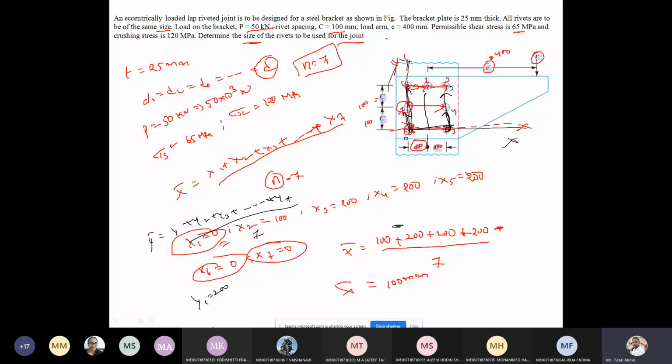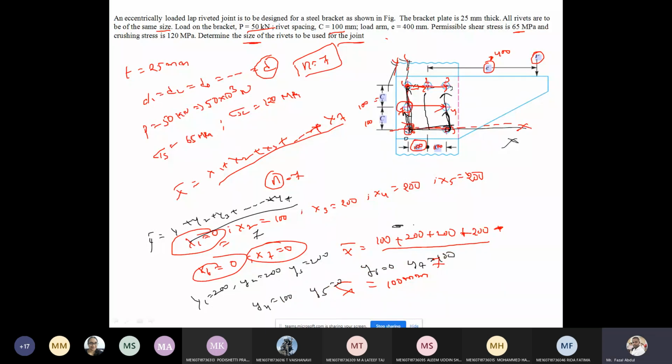So y2 is 200, y3 is 200, y4 is 100, y5 is 0, y6 is 0, y7 is 100.